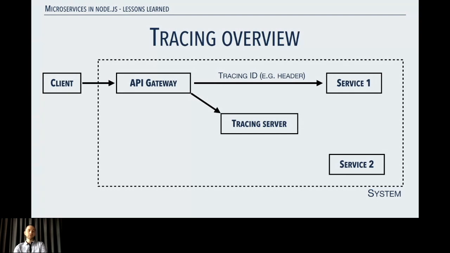But then, before the API gateway communicates with another service, let's say service 1, it needs to send some kind of tracing ID, which later can be used to find a correlation between those operations. So we are executing even more operations, and we are sending that tracing ID all across the microservices in our system. And of course, all of these microservices are sending data to our tracing server.